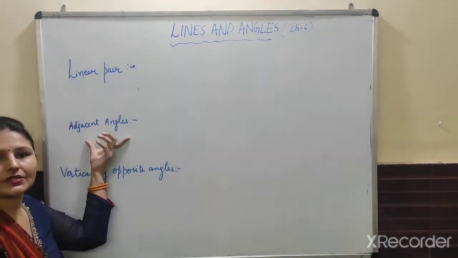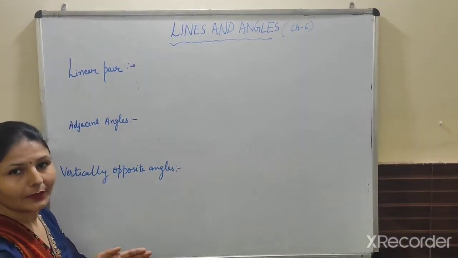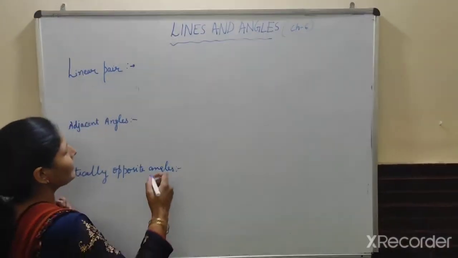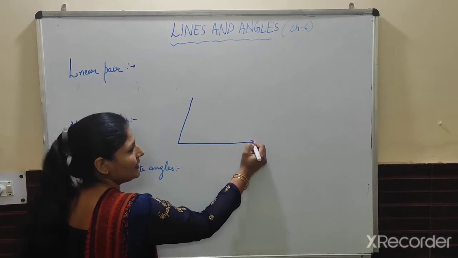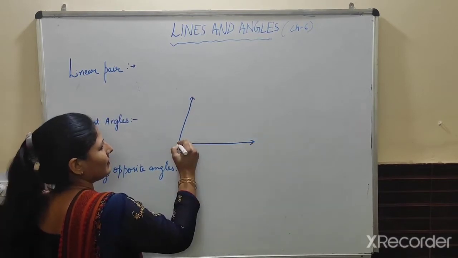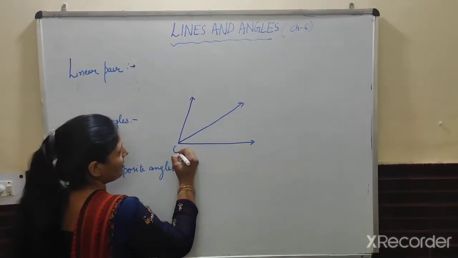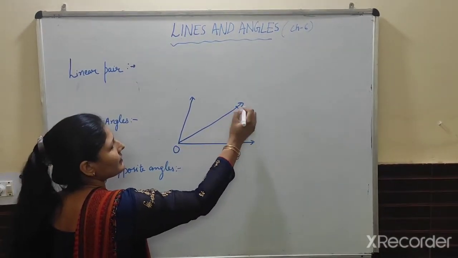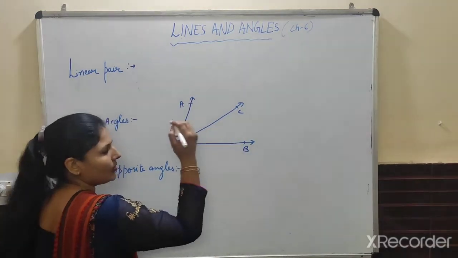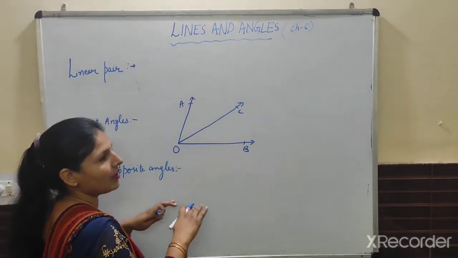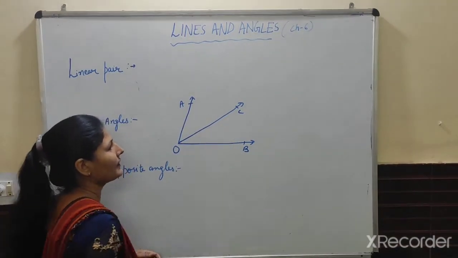First we will discuss adjacent angles. Adjacent means neighbouring. Okay? Two angles are said to be adjacent angles if they have a common arm between them, a common vertex, and two non-common arms lying on different sides of the common arm.